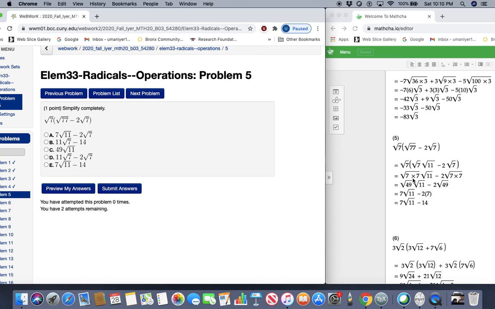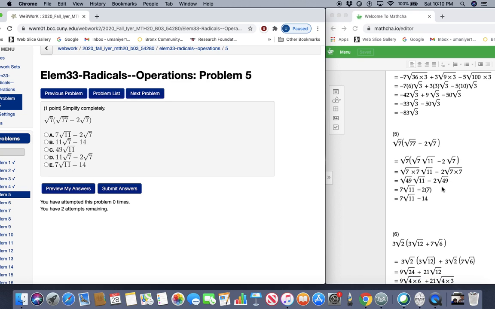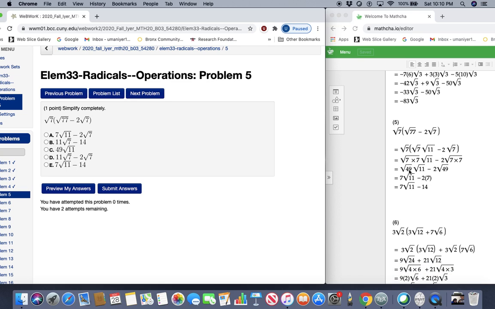So this quantity is square root 49 square root 11 minus 2 square root 49. Square root 49 is 7. So 7 radical 11 minus 14. That's here.